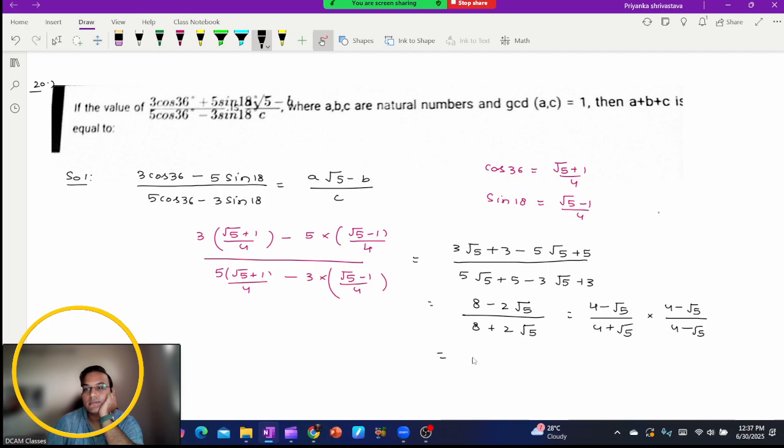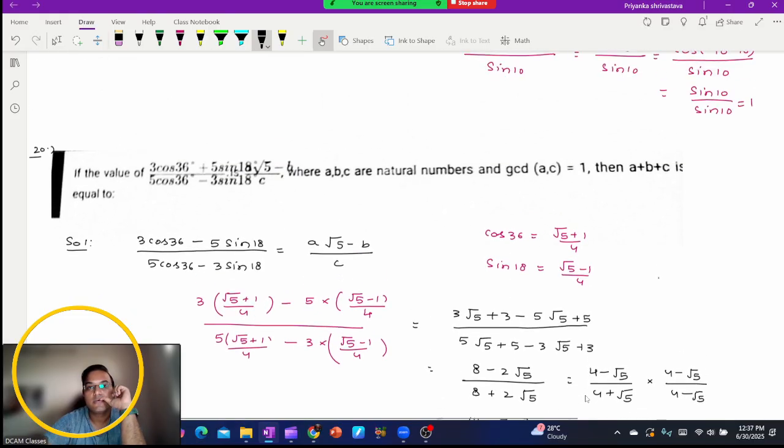So it will become 4 minus root 5 whole square by 16 minus 5, which is 16 plus 5 minus 8 root 5 by 11. That is 21 minus 8 root 5 by 11.